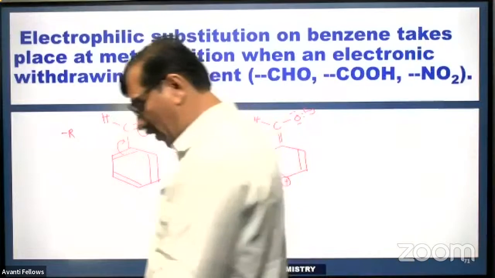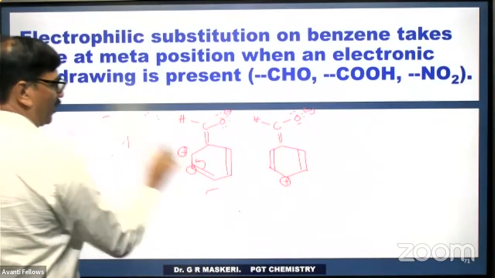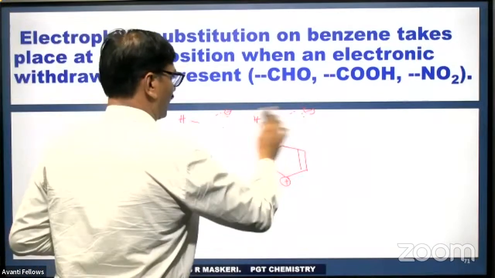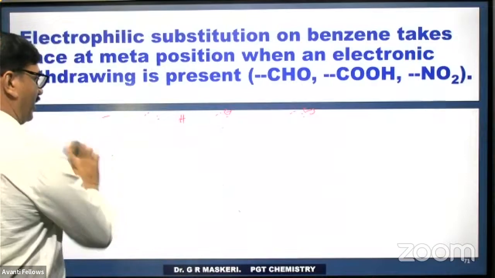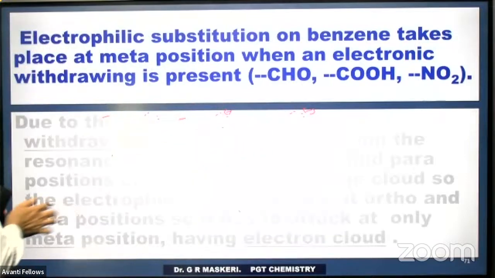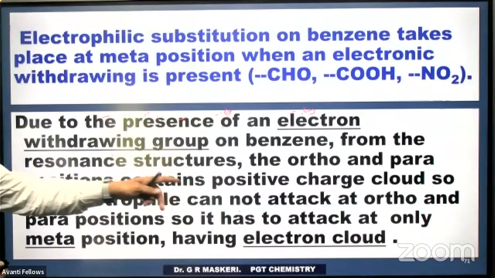So this is the way you have to understand, and how to write this answer. It is this way. Due to the presence of an electron withdrawing group on benzene, from the resonance structures the ortho and para positions contain positive charge.